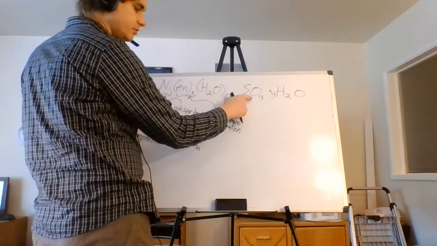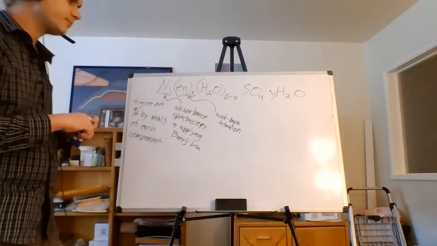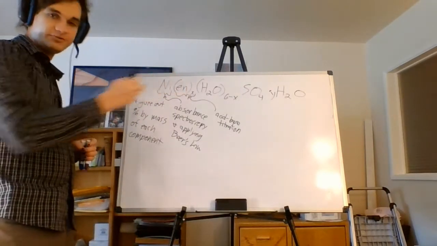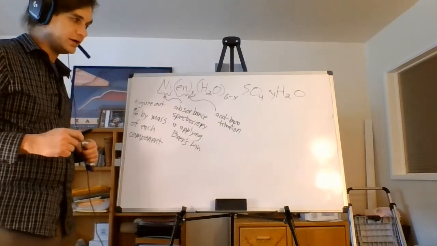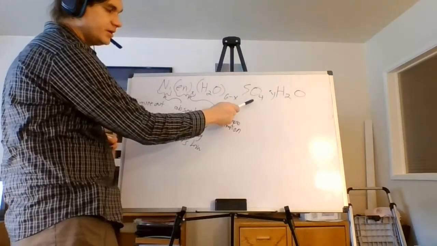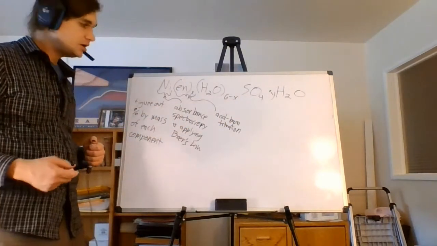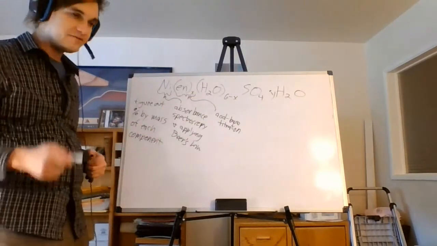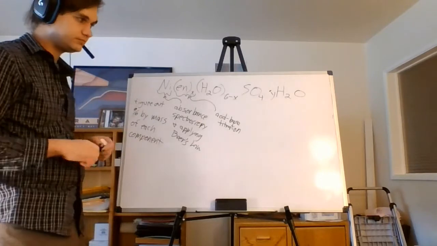Now here, for the sulfate, we don't actually need to specifically figure out how much sulfate we have. And the reason why is because the sulfate is here as a counterion. So we have exactly 1 mole of sulfate for every 1 mole of nickel.